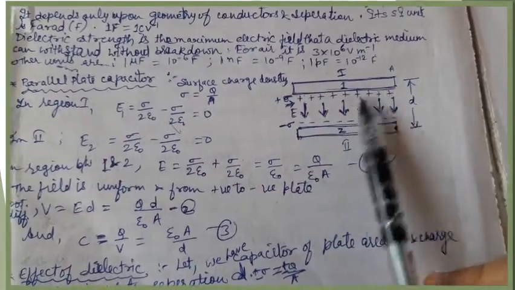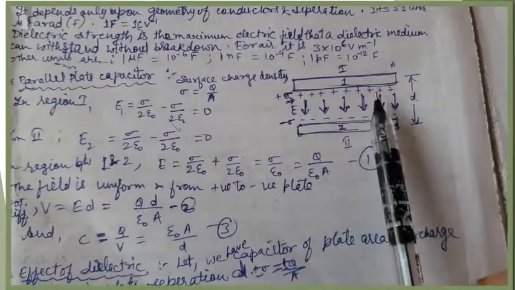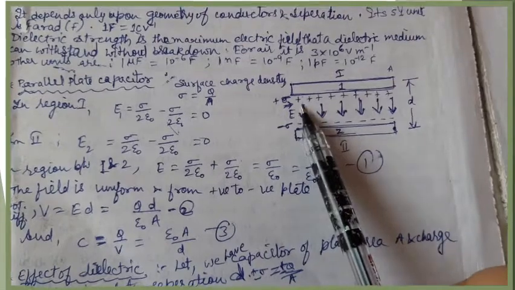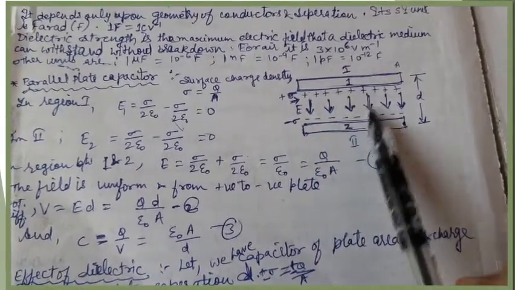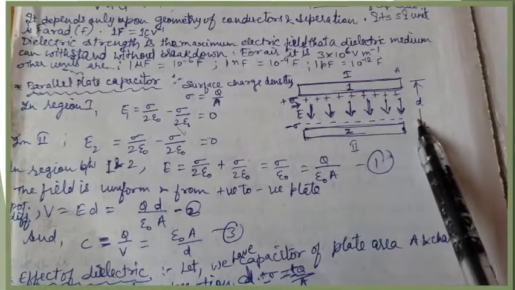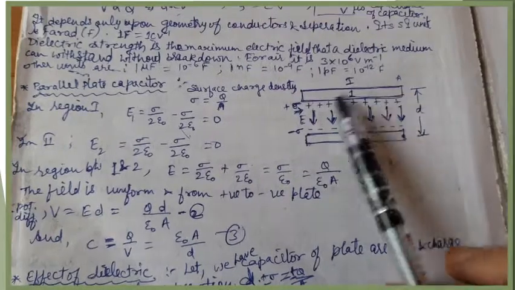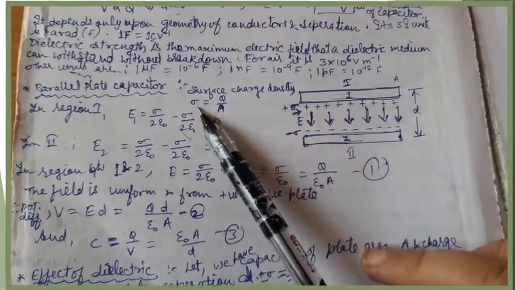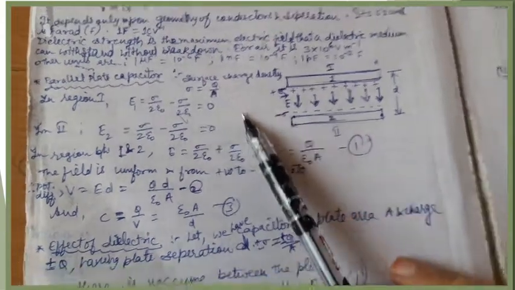There is a layer of positive charge and a layer of negative charge, so there will be an electric field, directed from the positive towards the negative plate. The separation between the plates is d, and both plates have plate area A. Surface charge density is given by charge per unit area, Q by A.